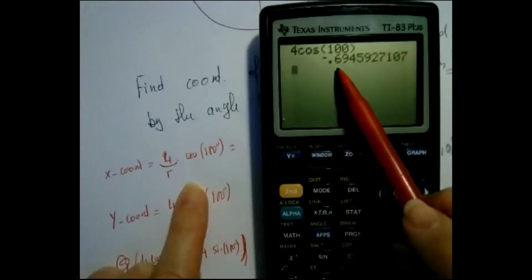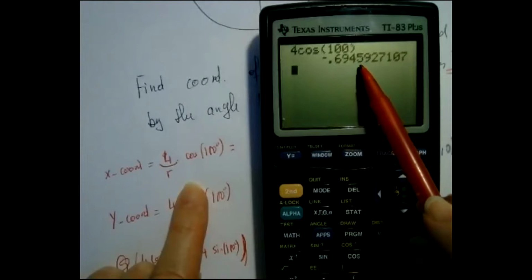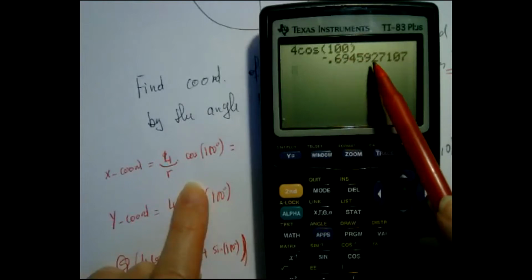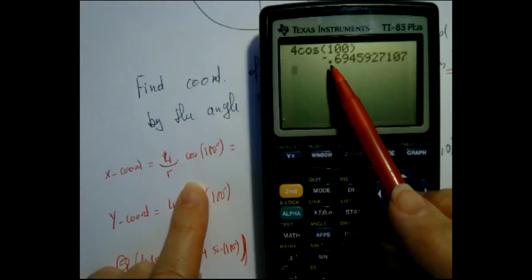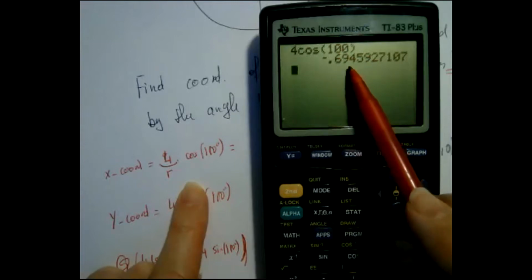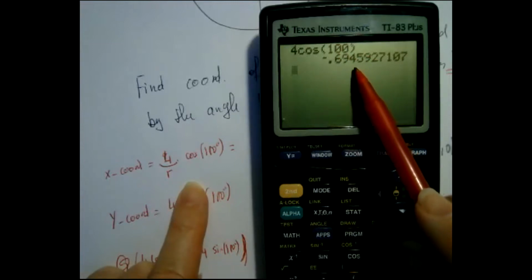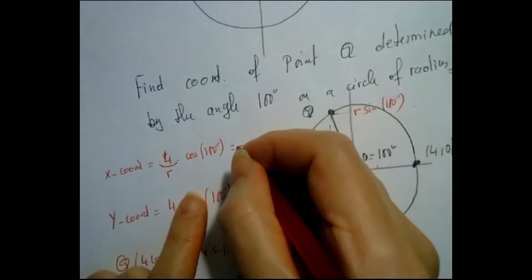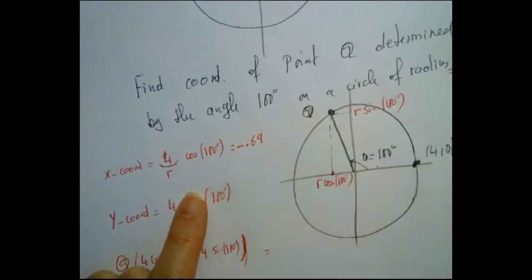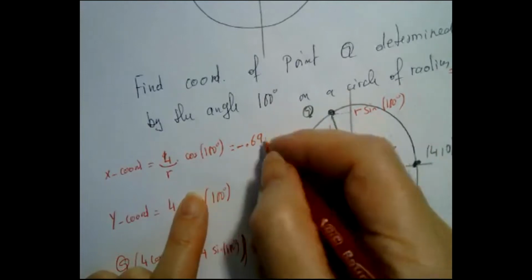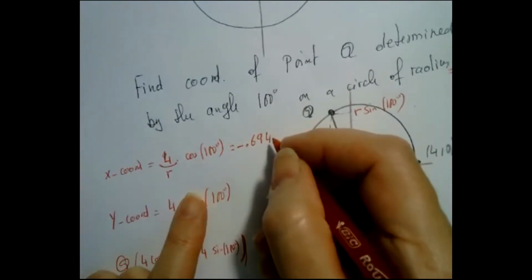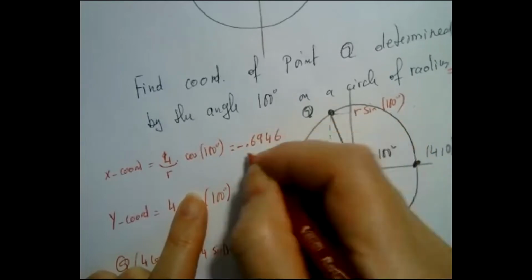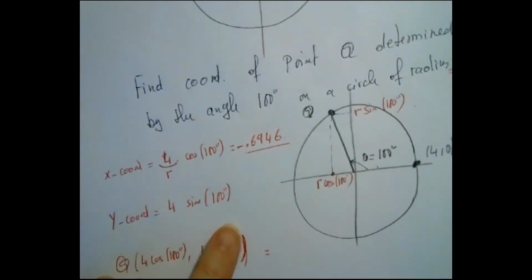That's minus 0.6946. Let me round it to 4 decimal places.